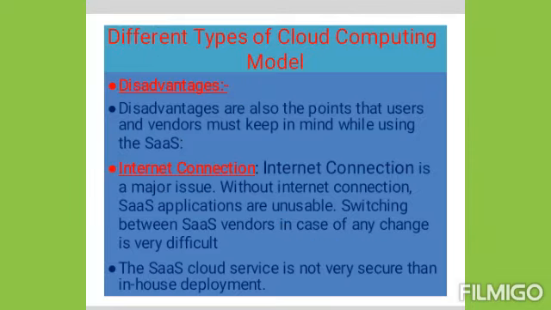Without an internet connection, you cannot use any service of the SaaS model. And switching between SaaS vendors in case of any change is very difficult. The SaaS cloud service is also not as secure as in-house deployment.